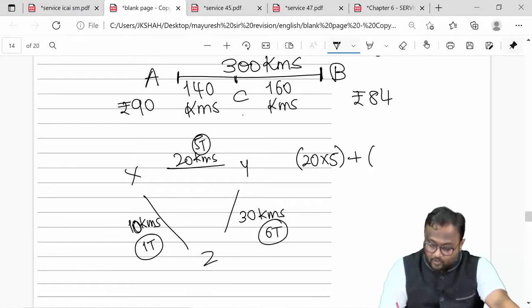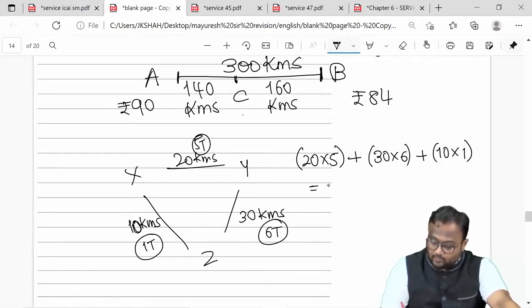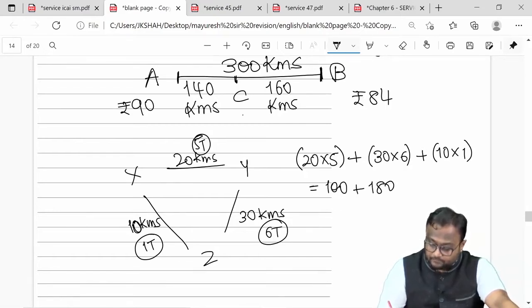That's it. So if I want to go for absolute ton kilometers, it is 20 into 5, number of tons into number of kilometers, 30 into 6, 10 into 1. So 100, 180 and 10.